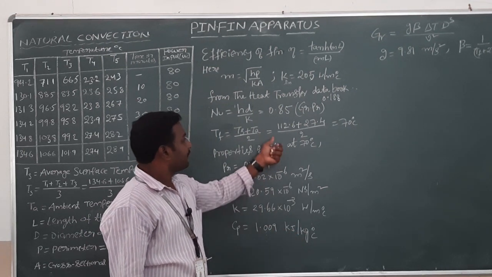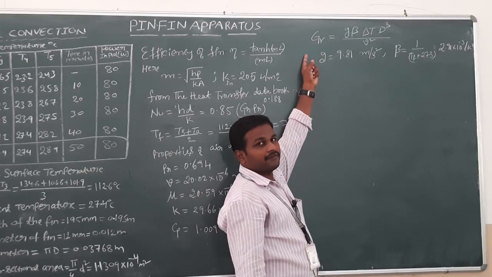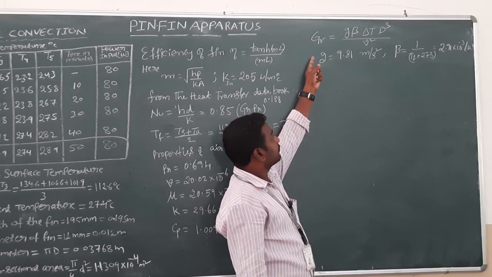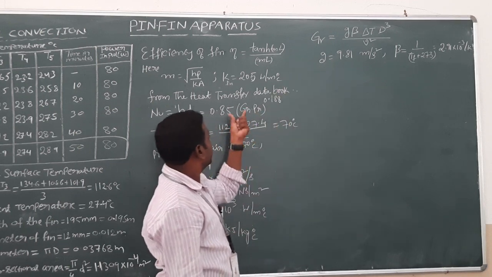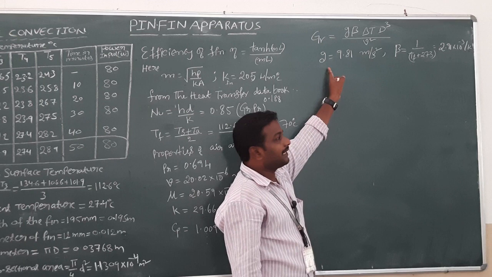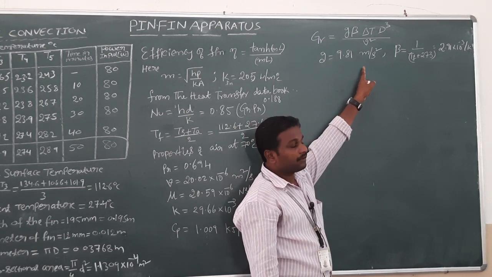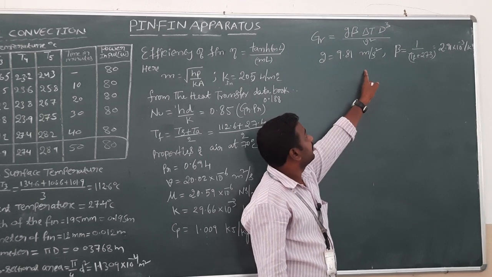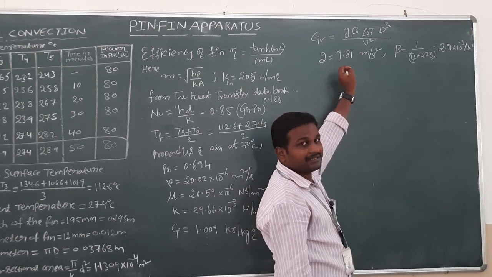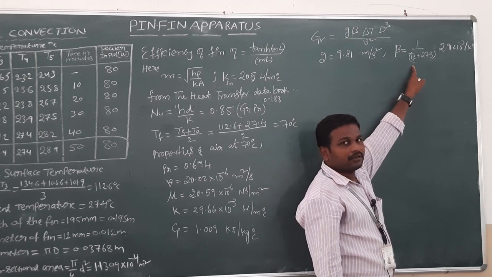So then find out the Grashof number by using these property values. This is the formula for the Grashof number, again taken from the heat transfer data book. In this, g indicates the acceleration due to gravity, 9.81 meter per second square, and beta means the coefficient of thermal expansion, equal to 1 by Tf.